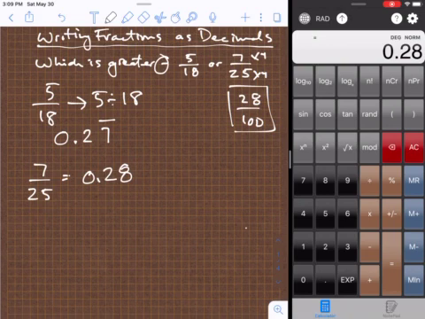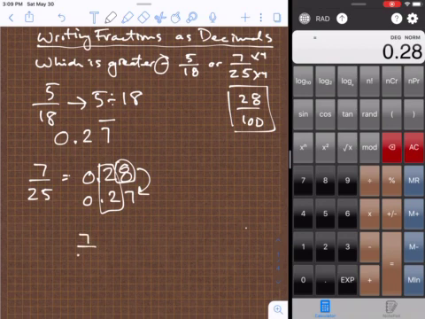It's just 0.28, or how we would say that is 28/100ths. When you're comparing decimals, you line them up and look at them. This is the same, but then this one is a little bigger. So that means that 7/25 is greater than 5/18.